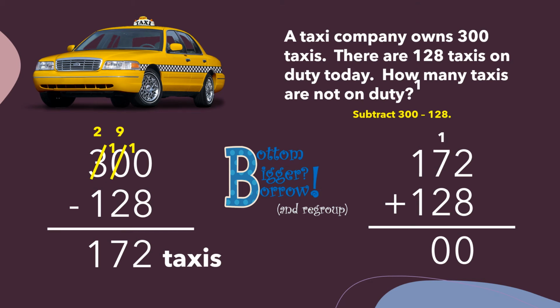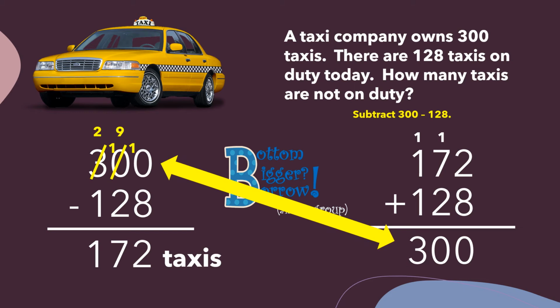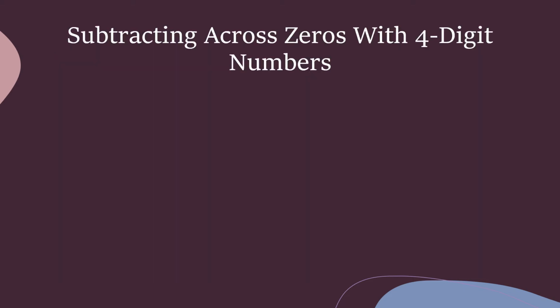Write my 0, carry my 1. 1 plus 1 plus 1 equals 3. And yes, I get 300, which is exactly the number I needed, and so I know that my work is correct.